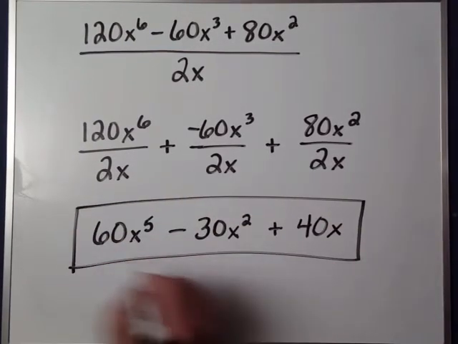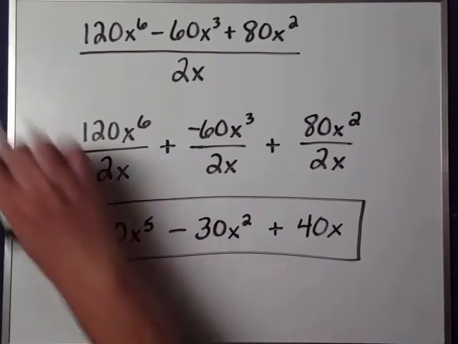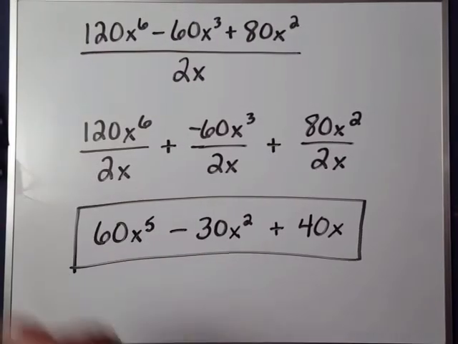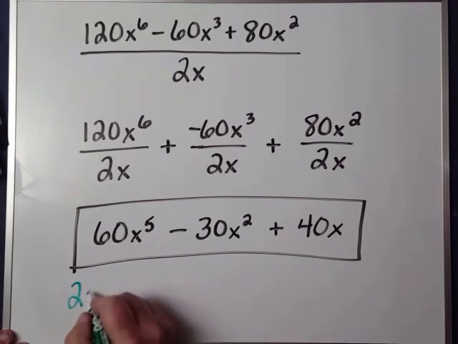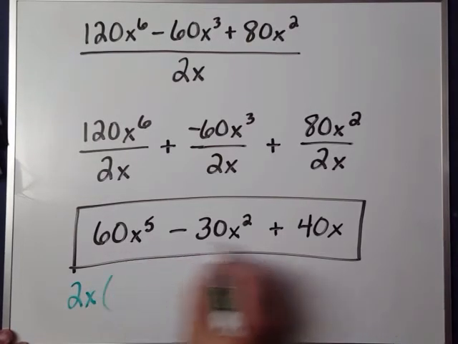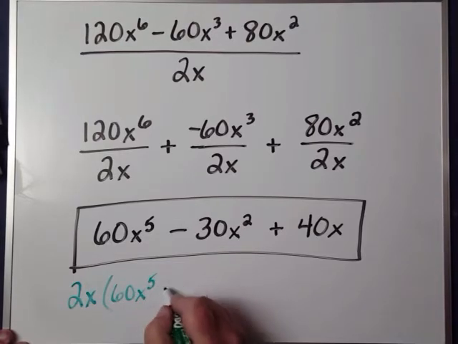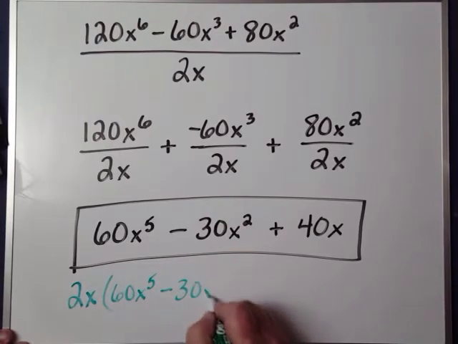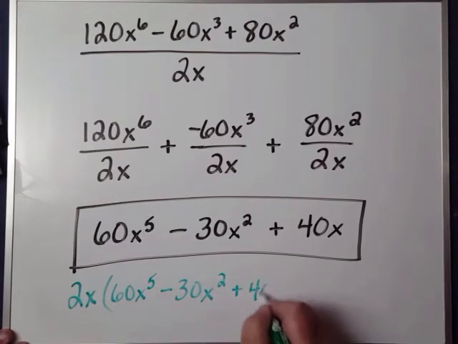And there it is. And these are easy to check. How do you check a division problem? You multiply. If I wanted to check this real fast, I would just say, what is 2x times this quotient? The quotient times the divisor should return the original dividend, that original numerator.